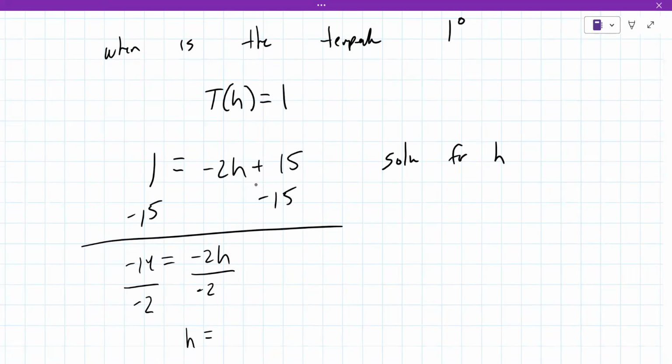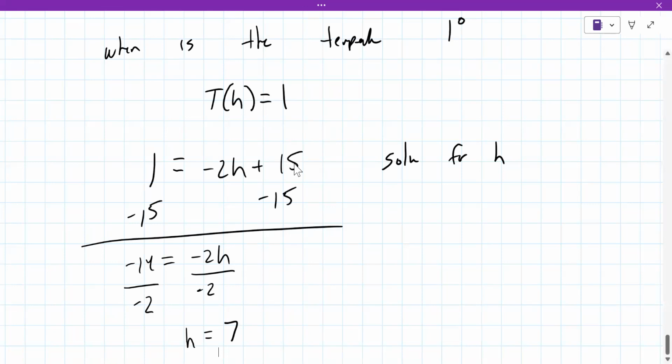Feel free to just calculate. 7. Yes. Now, give me some context. Like, 7 what? The temperature takes 7 hours to drop to 1 degree. Yes, very good. That's what they're looking for when you're doing a problem like this.